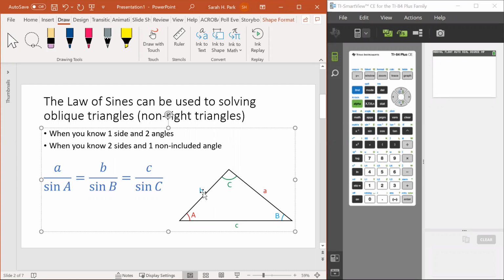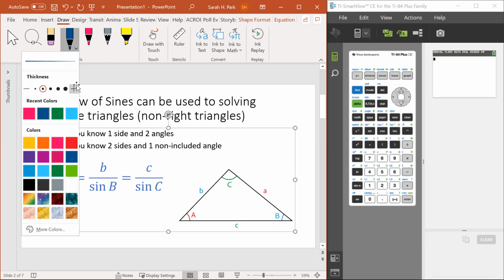So the law of sines is a formula: little a over sine A, where little a is a side and A is an angle. Remember, we use lowercase for sides and uppercase to denote angles. And that is equal to b over sine B equals c over sine C.